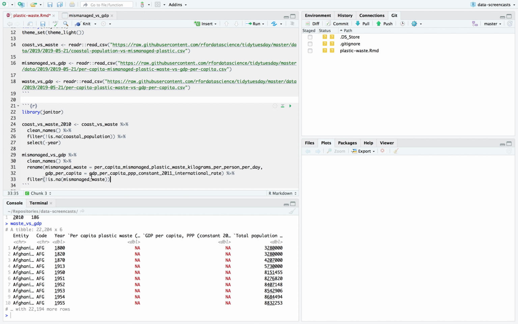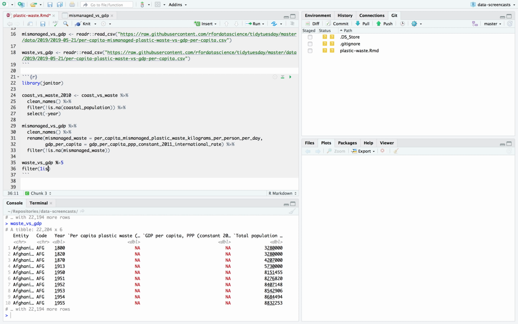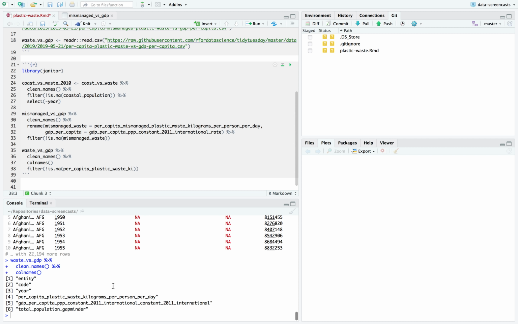Okay. If I said waste versus GDP, filter not is.na, clean names. I really only have a handful of metrics.